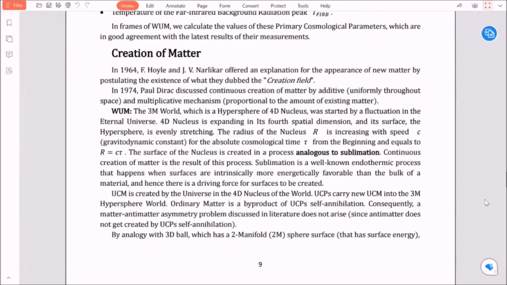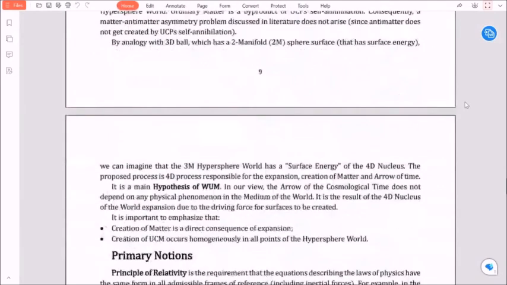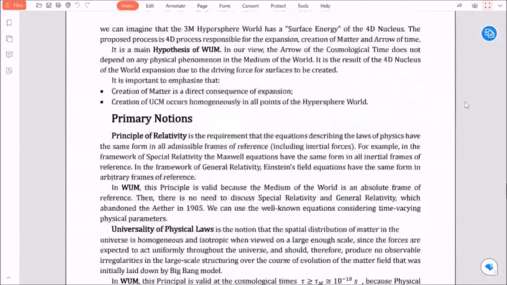By analogy with a 3D ball, which has a two-manifold sphere surface that has surface energy, we can imagine that the hypersphere world has a surface energy of the 4D nucleus. The proposed 4D process is responsible for the expansion, creation of matter, and the arrow of time.